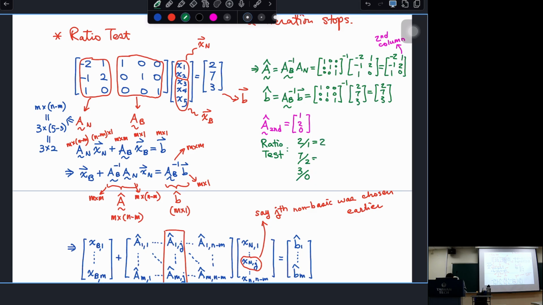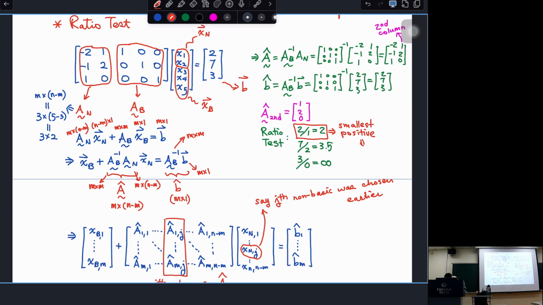So this is the smallest positive one. So the first one inside the basic is chosen.